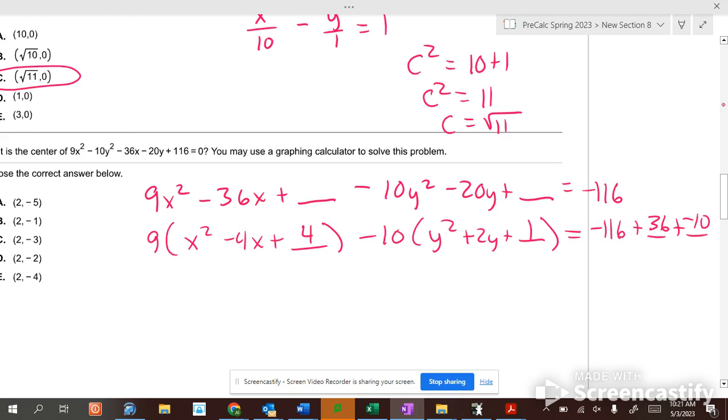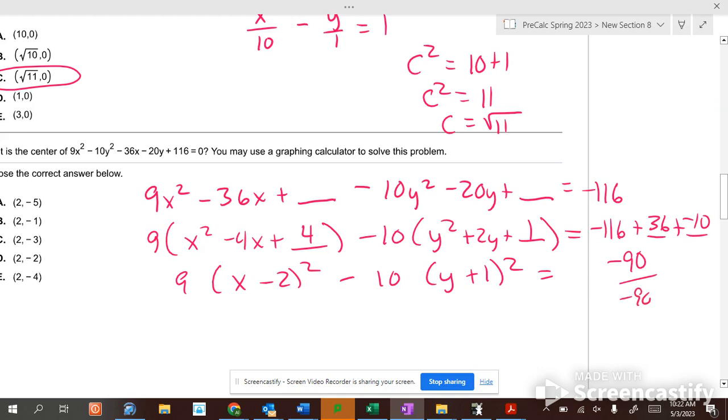Okay? So negative 116 plus 26 is negative 90, right? Okay? So we get 9 times x minus 2 squared minus 10 times y plus 1 squared equals negative 90.